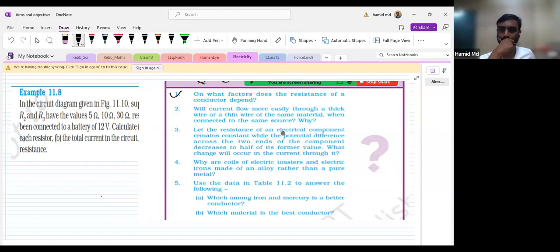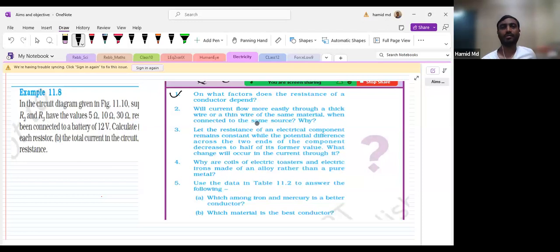The resistance of the conductor depends on the area of cross section, length, and the material of the conductor.